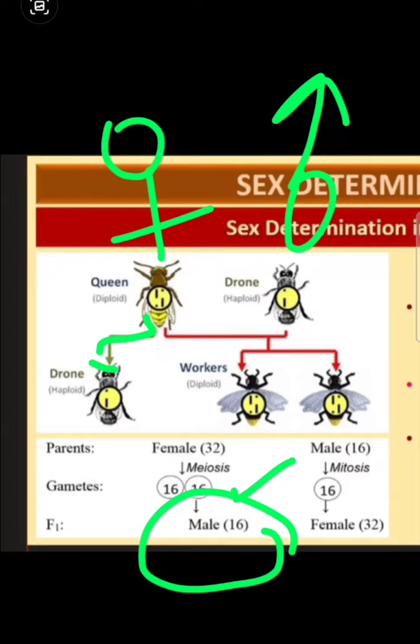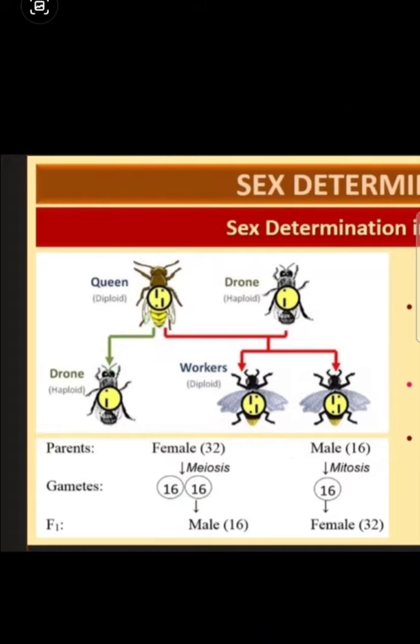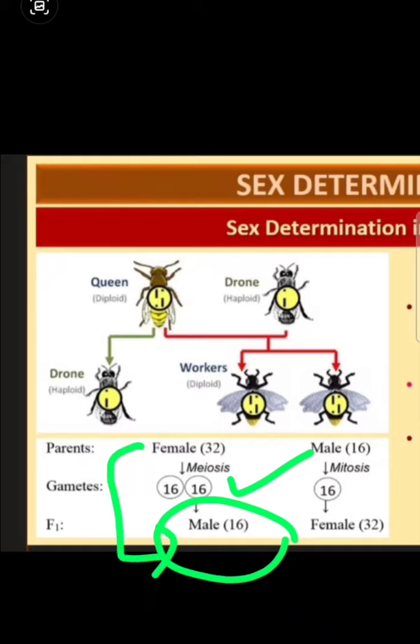The female is not fertilized; what does the female do? She has 32 chromosomes, and just by the meiosis process she produces gametes. The gametes have 16 chromosomes, so they develop as males. So the female, without the help of the male or without fertilization, by herself produces the males.